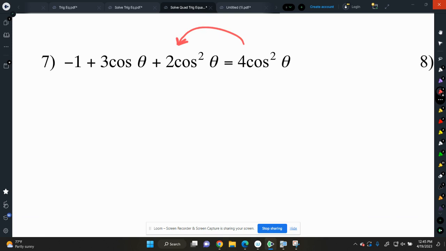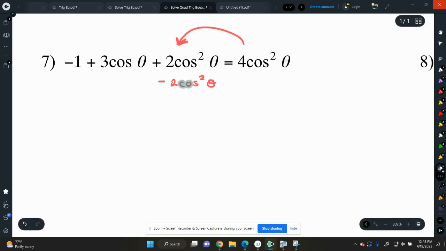But the only reason was I saw that if I moved the 4 cosine squared over, I was going to end up with a negative 2 cosine squared. So I wanted to keep everything positive, so I subtracted 2 cosine squared from both sides. It's not wrong if you do it that way. I just want to keep that first term positive.